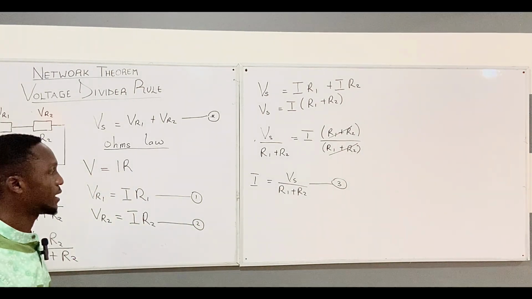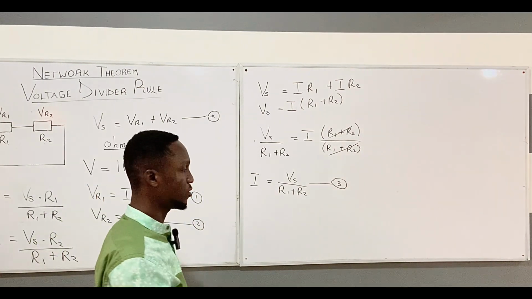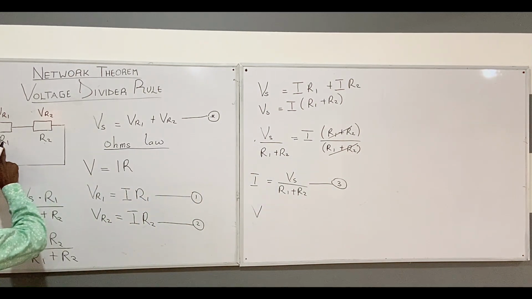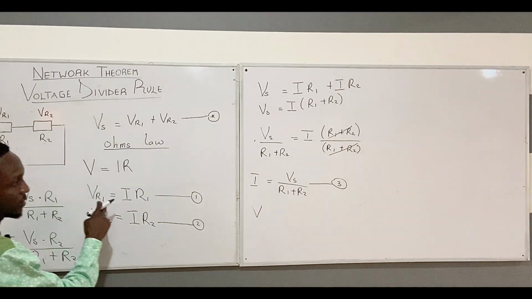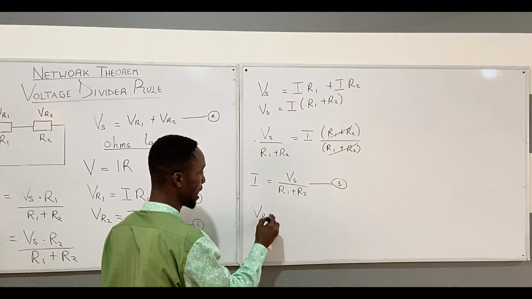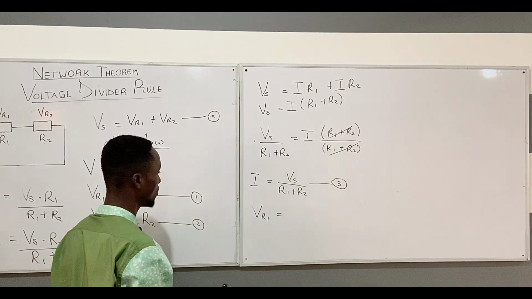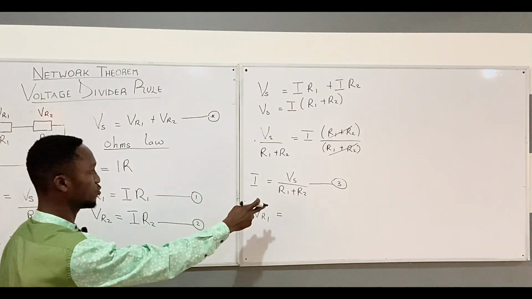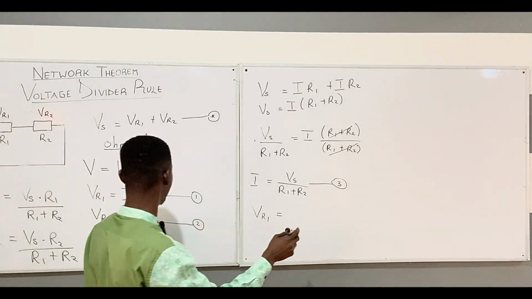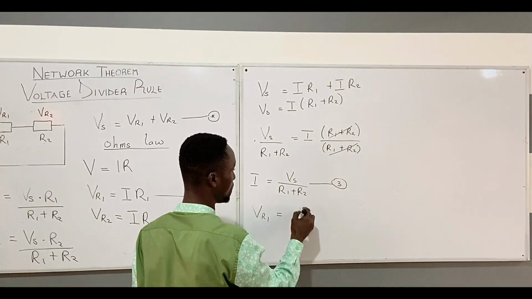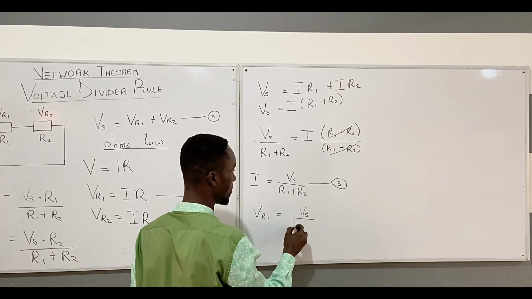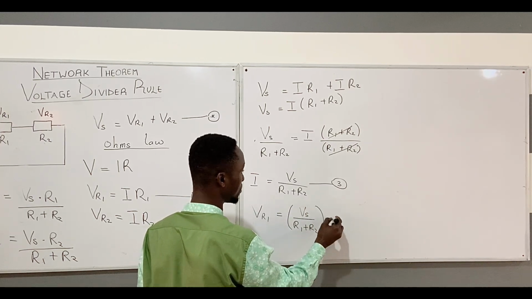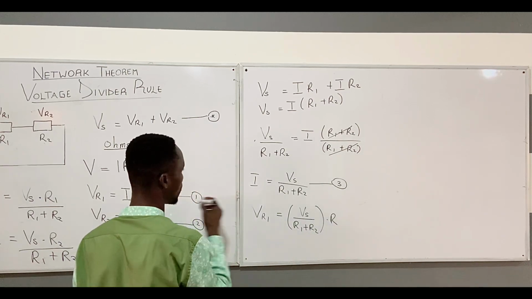The final thing that we'll do is that let's carry this equation 3 and replace it in either of equation 1 and 2. So now if I want to find the voltage across the first resistor, which is R1, it is this formula. So I have my V R1 giving me I times R1. This I represents what we have here, so we substitute it here. So we are going to have our Vs all over R1 plus R2 multiplying our R1 here.